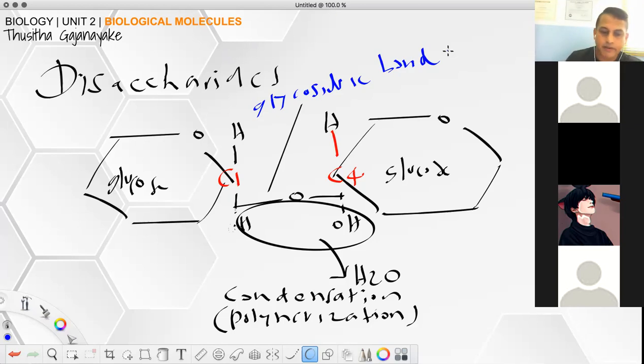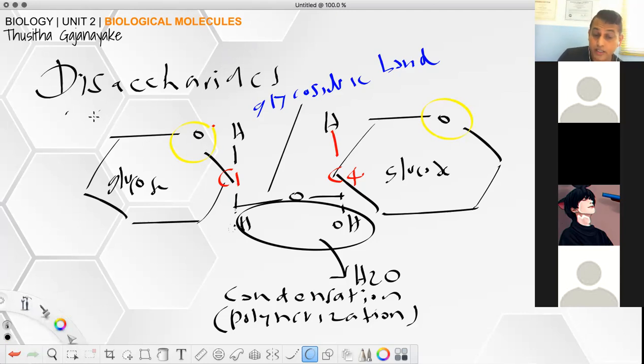Now again, disaccharides have this reducing power because they have this functional group. The functional group is available, so it has reducing power. The disaccharide is also a reducing sugar.